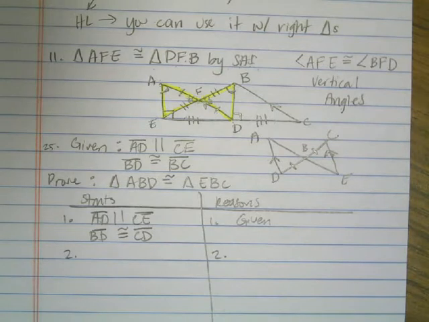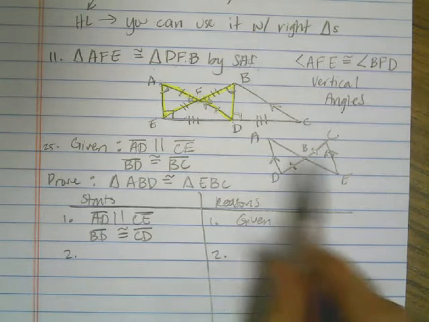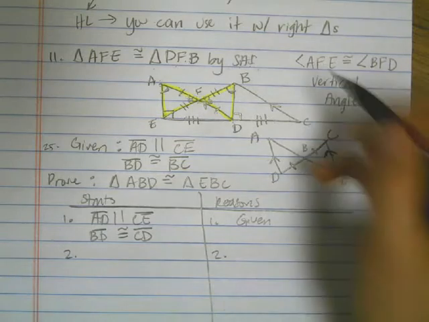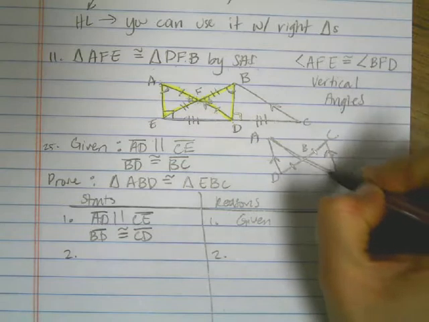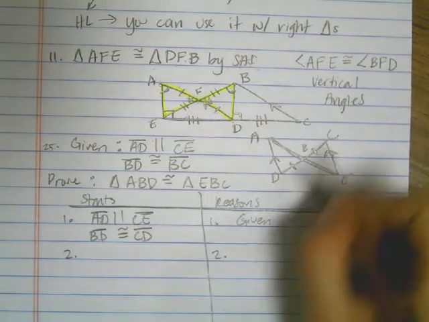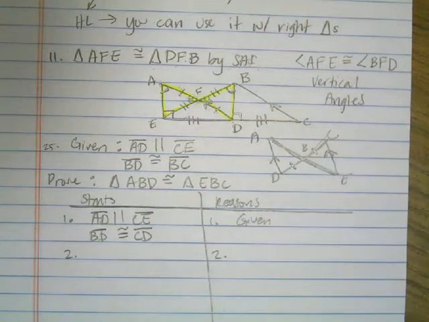Specific angles. So, if these two lines are parallel, let's say they're cut by this transversal, so we're not looking at this one now, we're looking at this one. Which angles are congruent and why?